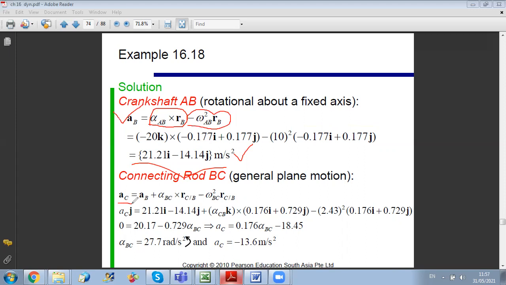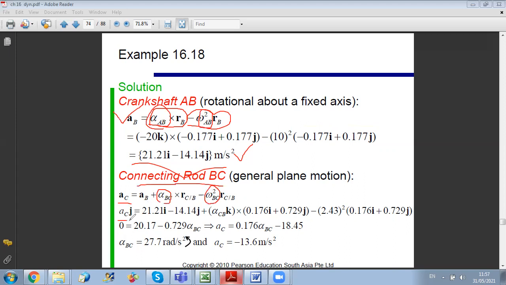So to calculate AC, we will apply the relation now between B and C. So pay attention. When you apply between A and B, you use alpha AB and omega AB in the relation. Now, when you apply for rod BC, then you put alpha BC and omega BC. And now you replace.